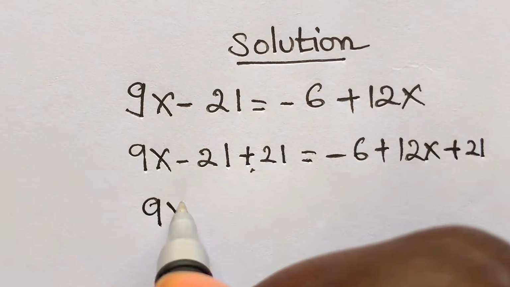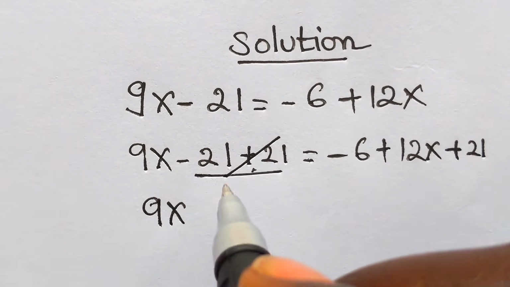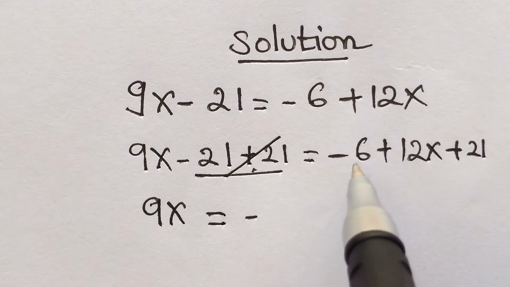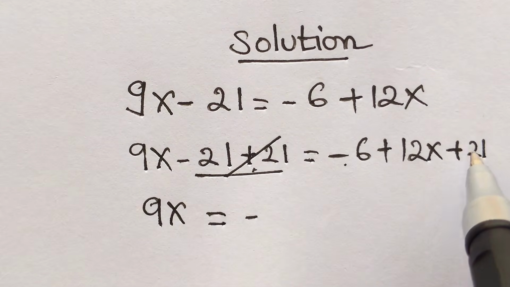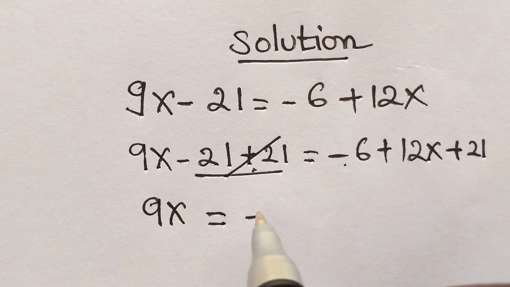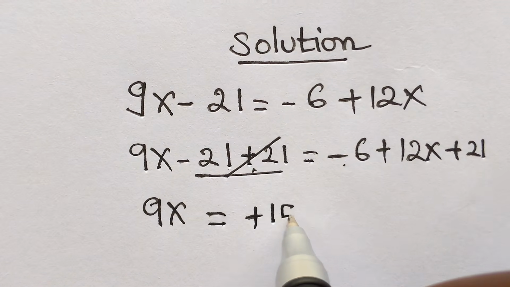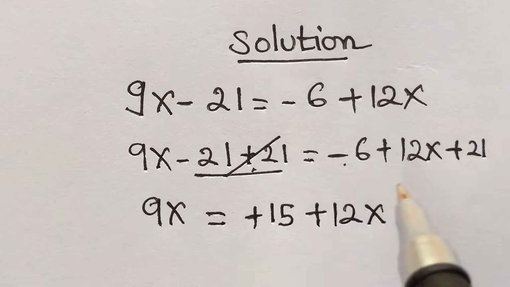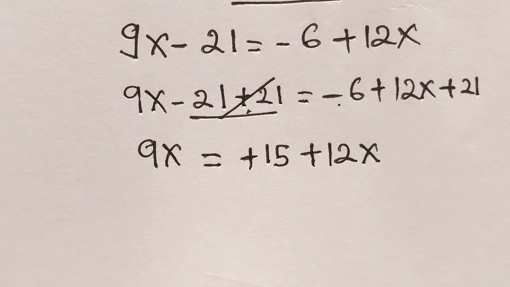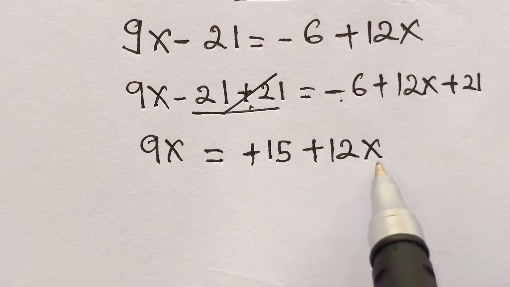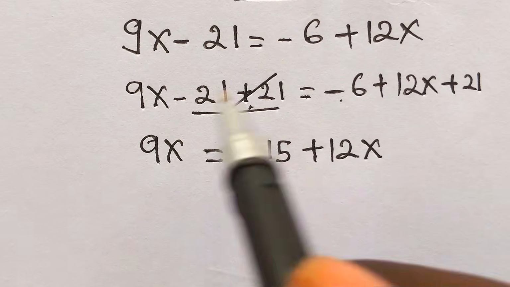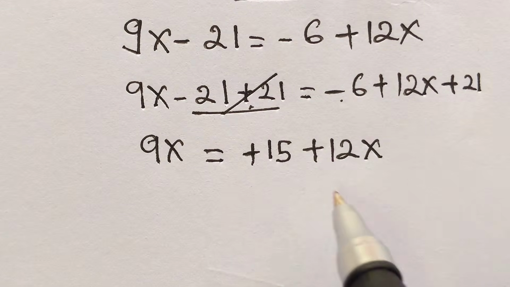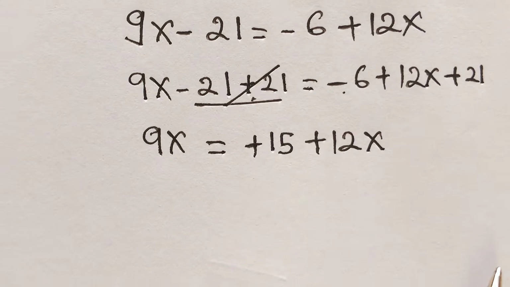We have 9x, and this one is cancelled to get negative. Here we have negative 6 plus 21, which is equal to plus 15, plus 12x. Then we move the 12x across this equal sign, that is, we add the negative of it.